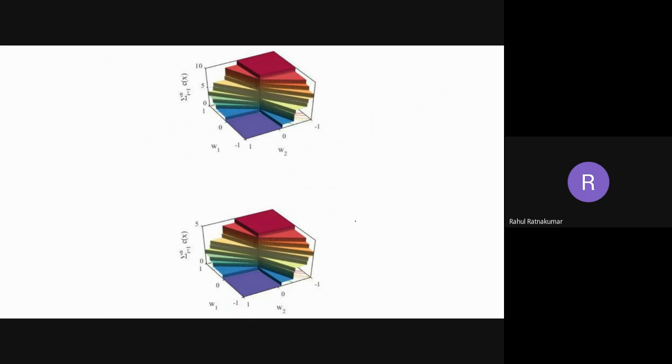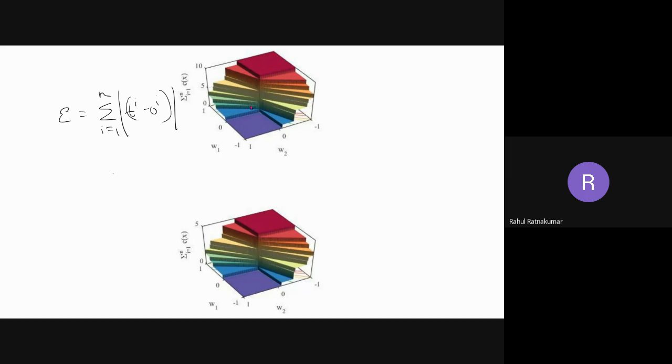So this is the error graph. The error graph looks like this. The error function we are discussing right now is looking like this. Error function equals sigma i equals 1 to n, target minus output, the mod value. So it looks like this, right?